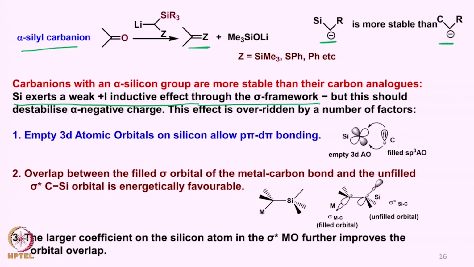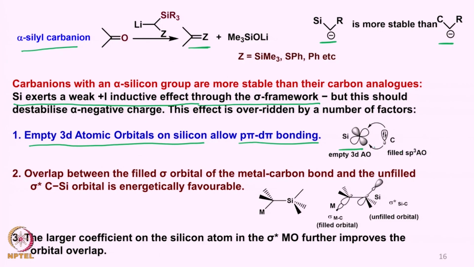the anion at the carbon atom holding the silicon. But that is overridden for several different reasons, and the positive inductive effect of the silicon gets nullified by several factors. One of the things is that the empty 3d atomic orbital on silicon, such as this here, allows p pi d pi bonding with the filled sp3 atomic orbital on the carbanion.